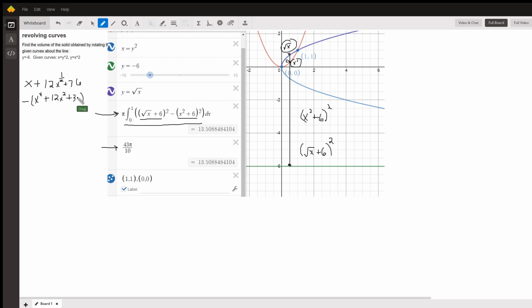And when you actually subtract and combine similar terms, you get x plus 12x to the 1/2, 36 minus 36. 36's cancel out. We'll get minus x to the 4th minus 12x squared. That's kind of what I've done on scrap paper here, is figure out what this mess simplifies to.